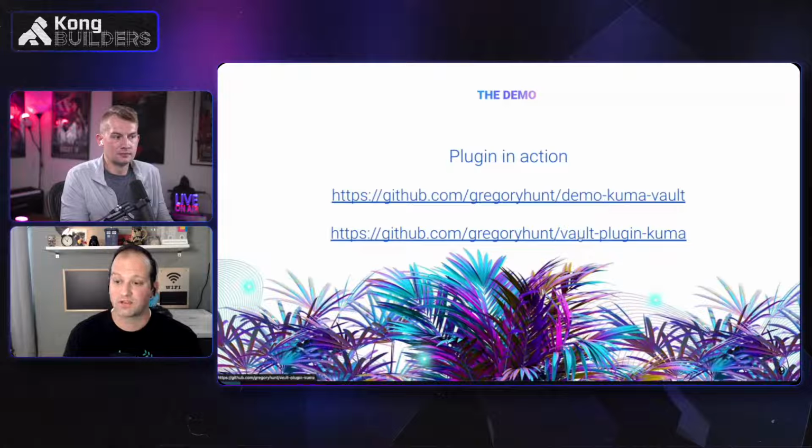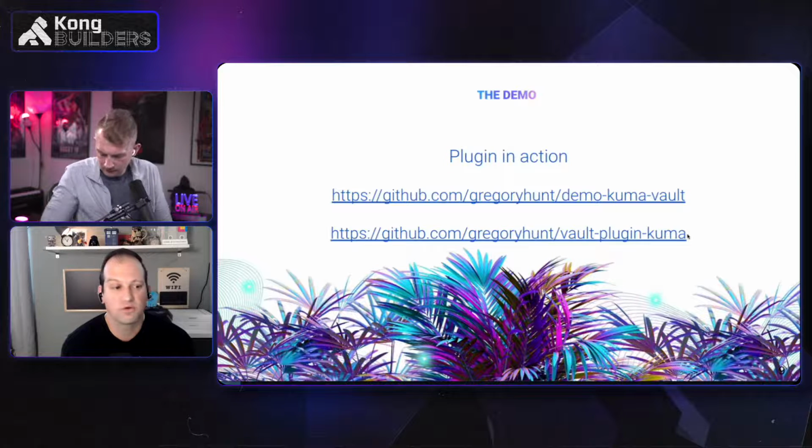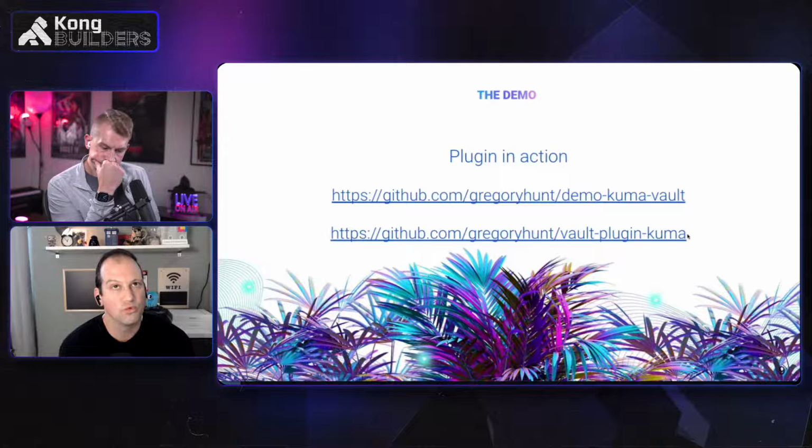And then the actual plugin itself is in my same GitHub under vault-plugin-kuma. We've got some planned enhancements that we're going to be adding to it. One of those is auto root rotation. Right now when you add that admin token in there, that admin token lives for a certain period of time.